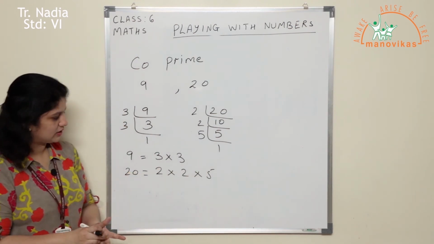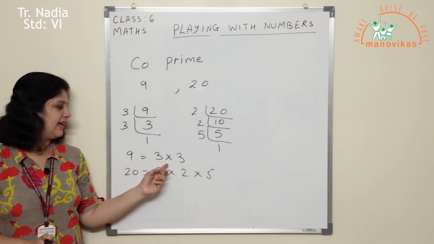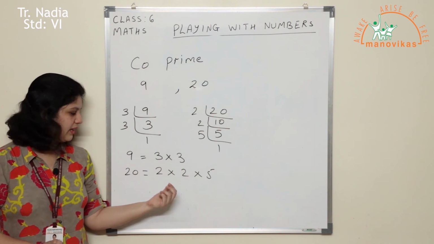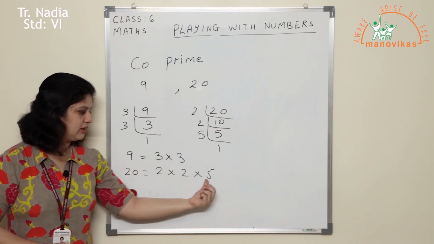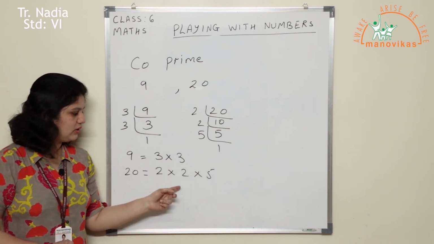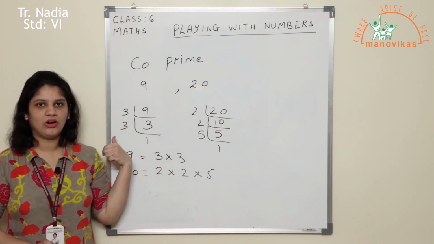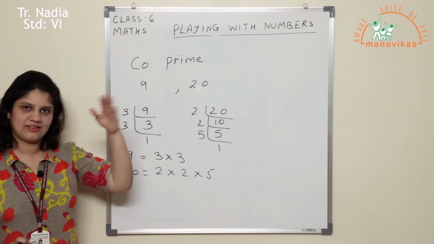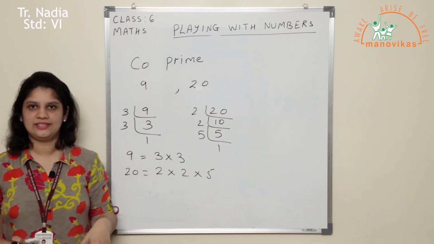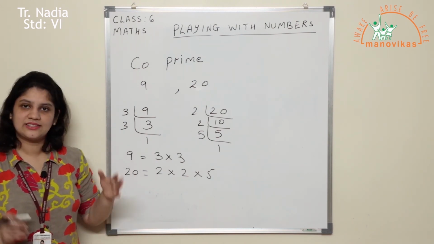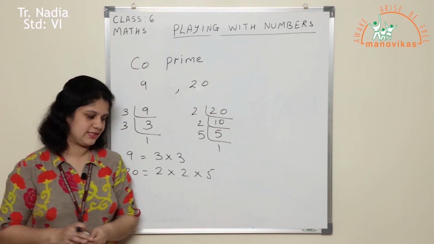Now you can see here also, is there anything common? In 9 we have 3 multiplied by 3. In 20 we have 2 multiplied by 2 multiplied by 5. There are no numbers which are common between the two. So again, these are called co-prime numbers. So when there is nothing common after you factorize it using prime numbers, such numbers are called co-prime numbers.